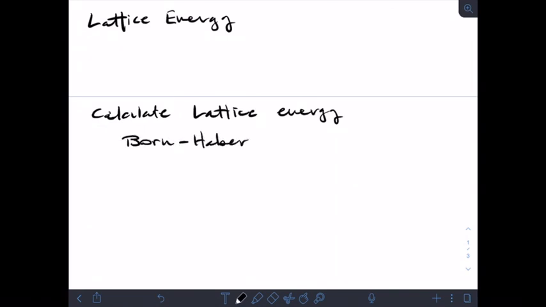Okay? So to calculate lattice energy, there is a process called the Born-Haber cycle. Okay, and the point is that the Born-Haber cycle tells us the energy given off when separate gaseous ions come together, and that's the lattice energy.